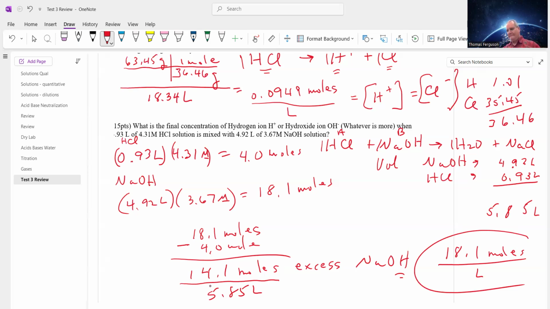Now, his question is, neutralization reactions create water. So if we're creating water, that's going to add to the total volume. Normally we just ignore that, but let's see exactly.